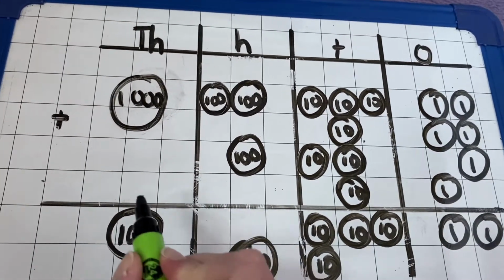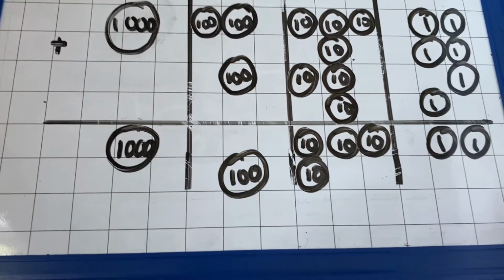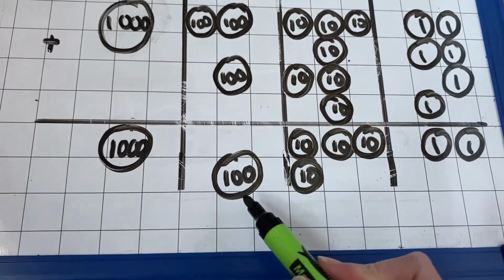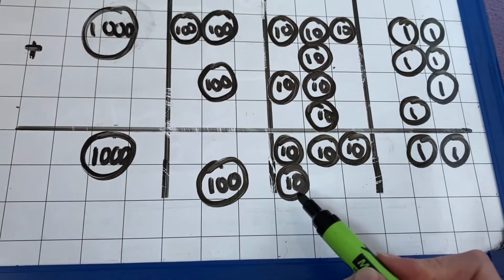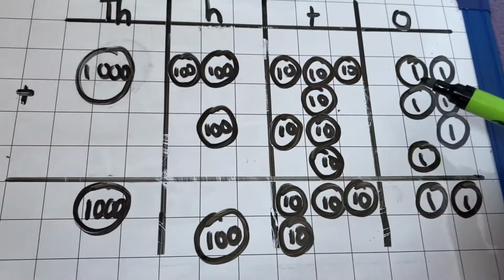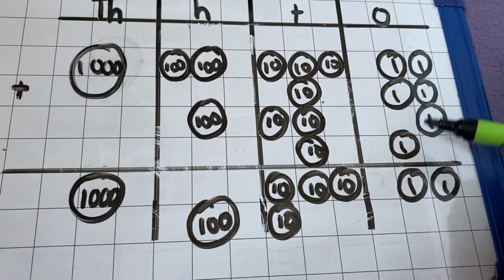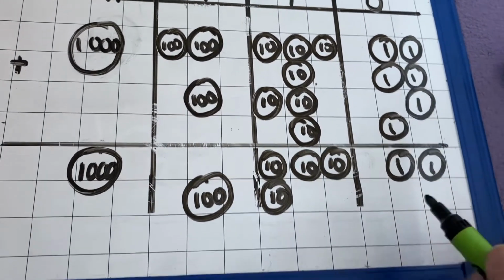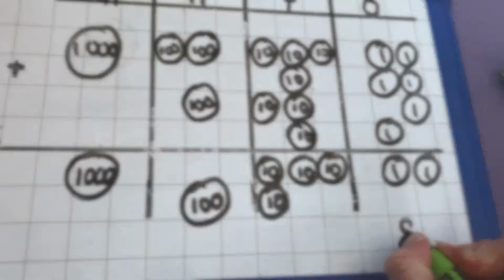Add 1,142. Children will add the ones, 1, 2, 3, 4, 5, 6, 7, 8, to find the total.